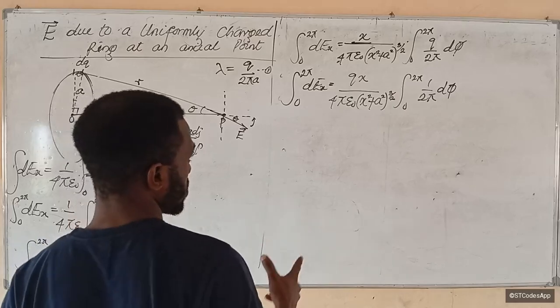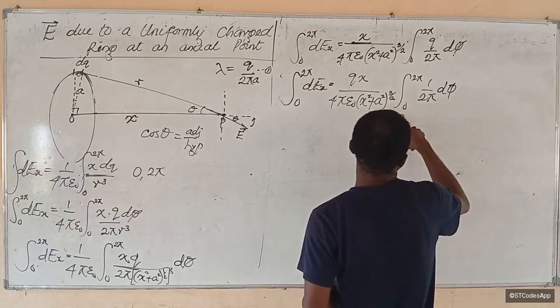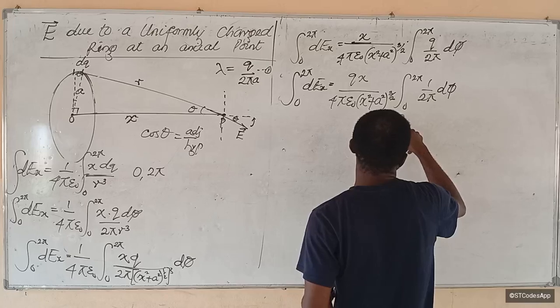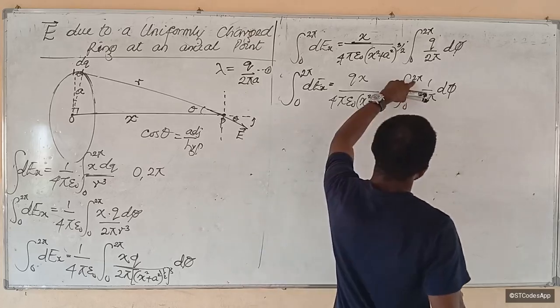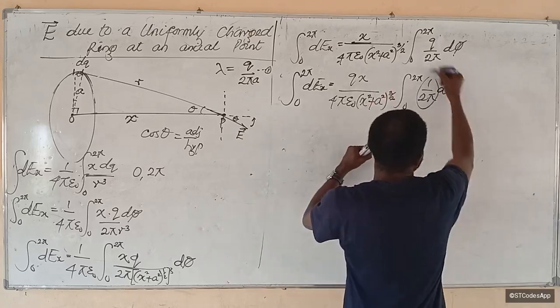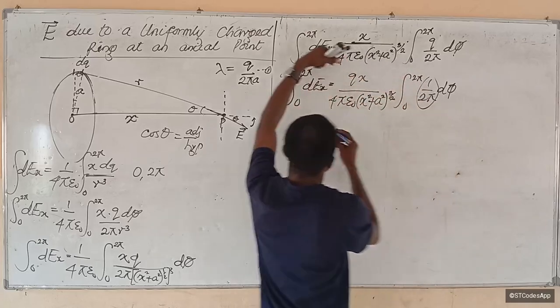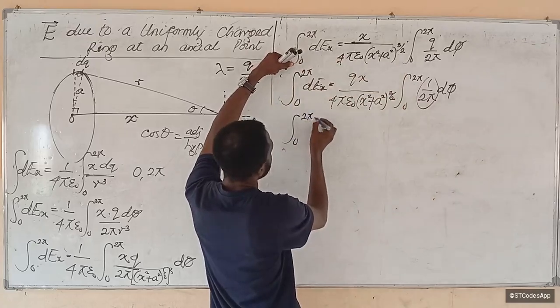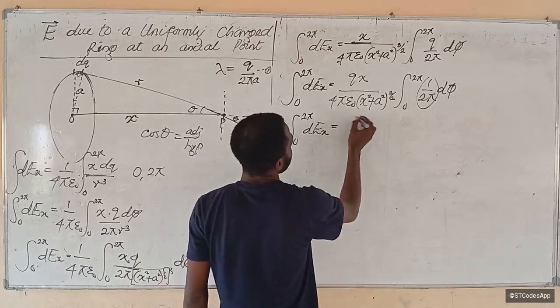So if you integrate this, because you are integrating between 0 and 2 pi, this is also a constant. It doesn't affect it. I'm just trying to be careful not to make any mistake.